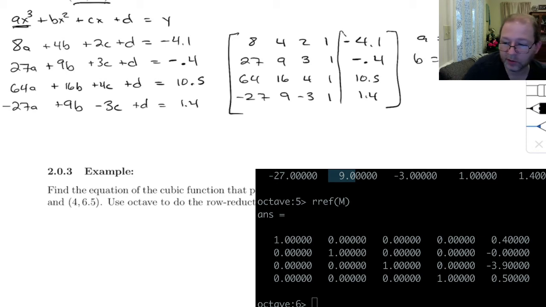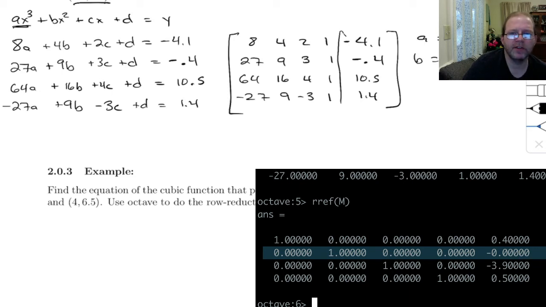One thing you might notice, it says b equals negative 0 there. The reason for the negative has to do with the way it does it numerically. You can pretty much ignore it. 0, negative 0, same thing. Then we get c equals negative 3.9, and d equals 1/2.